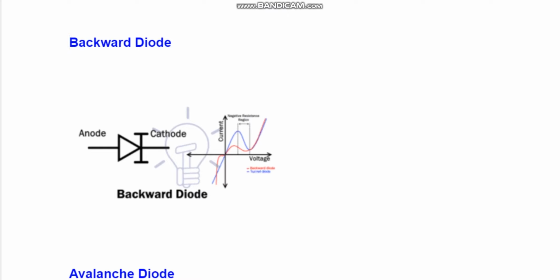Backward diode. The backward diode, or back diode, is a PN junction diode whose operation is similar to that of the tunnel diode and Zener diode, but the operating voltages are much lower. A backward diode is essentially a tunnel diode whose one side of the junction has a relatively lower doping concentration compared to the other side.